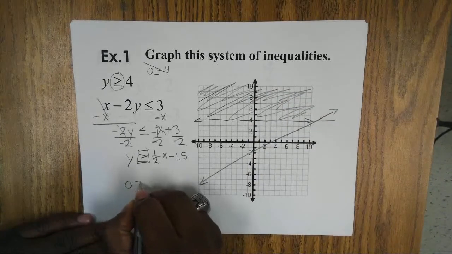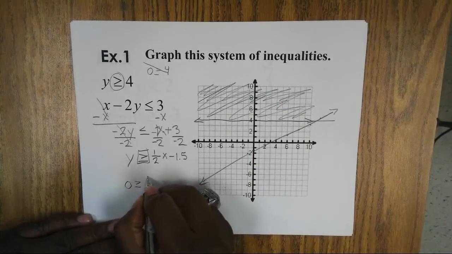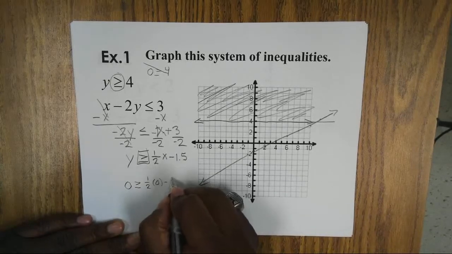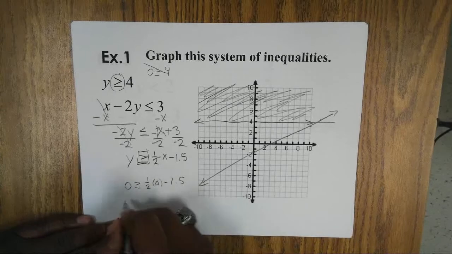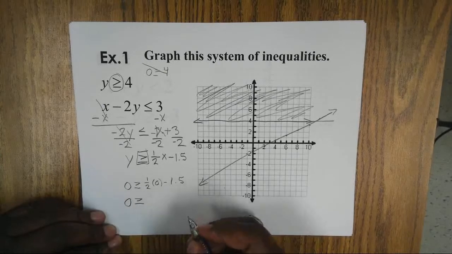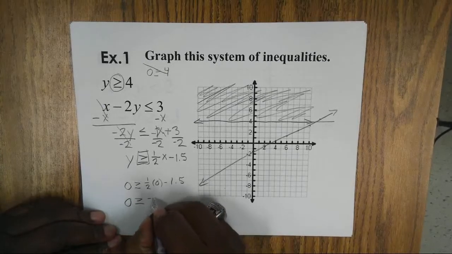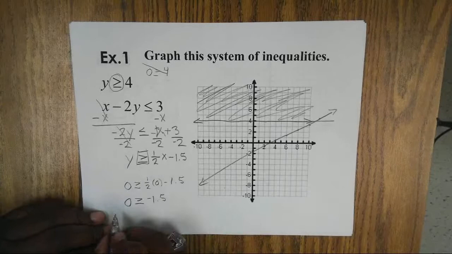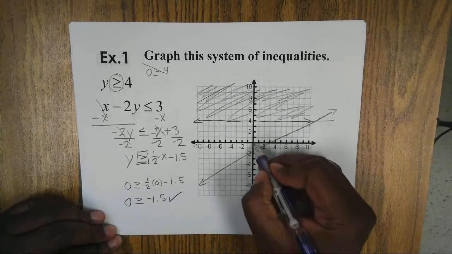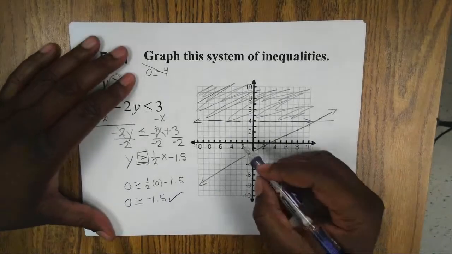I have 0 is greater than or equal to 1/2 times 0 minus 1.5. And if I look, I have 0 is greater than or equal to negative 1.5. And so this is a true statement.